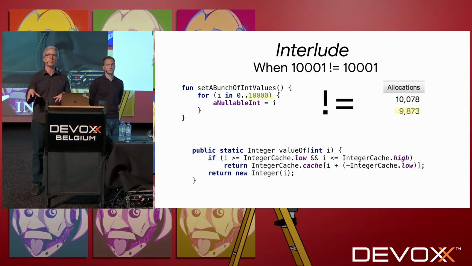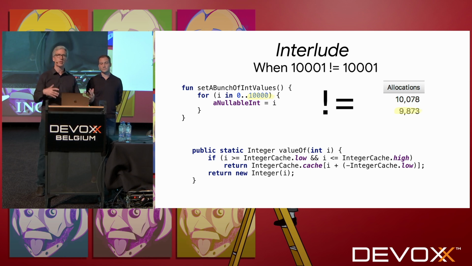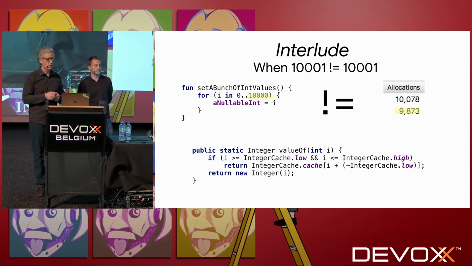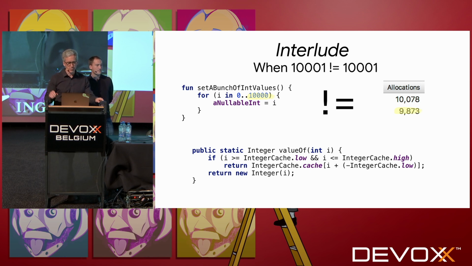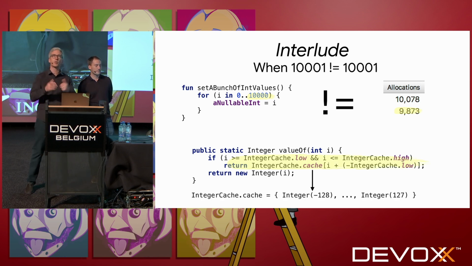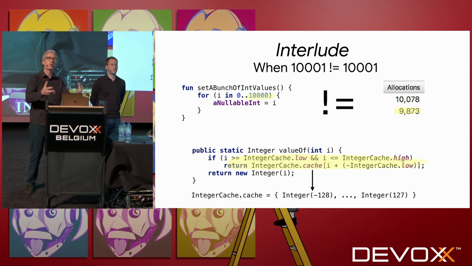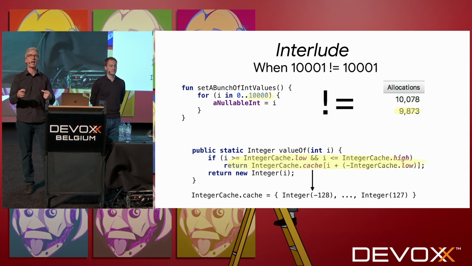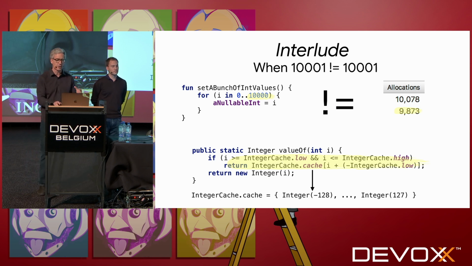It turns out if you look at the valueOf method, it uses a cache. When a process starts up, we automatically create a bunch of integers because we know that integers are really common. So we're going to go from negative 128 to 127. We're going to basically pre-allocate a bunch of these objects so that we don't have to allocate on the fly, and then they're just sitting there in a cache.